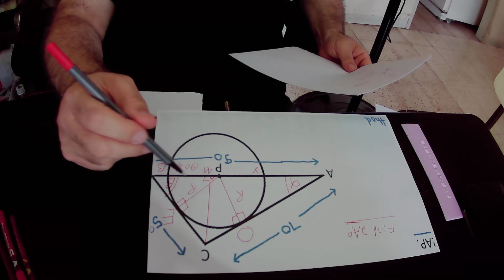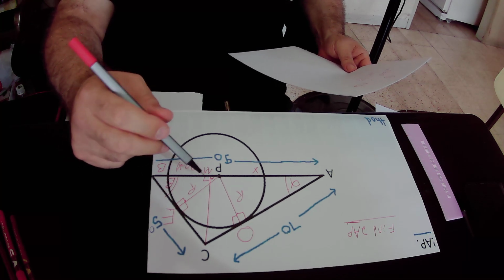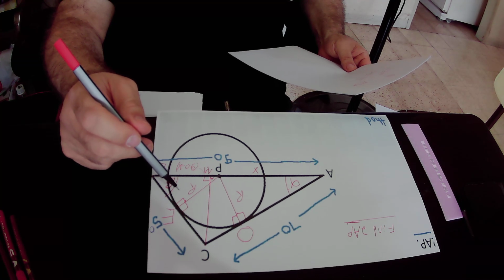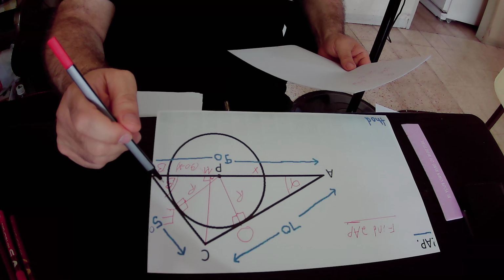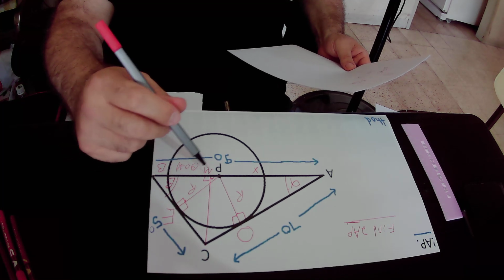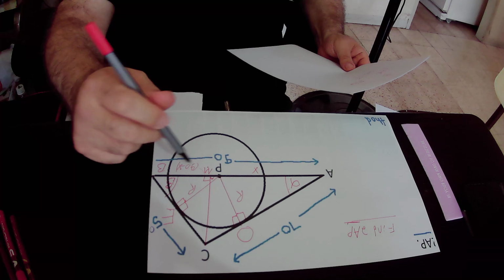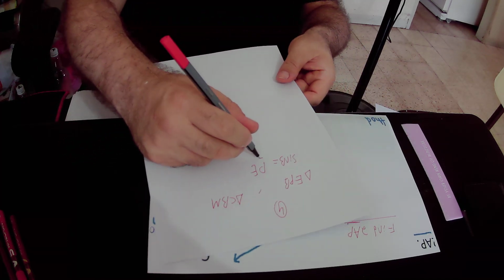As you can see, in triangle PEB or EPB, side PE is perpendicular to side EB. So the hypotenuse in this right triangle is PB. So it is PE over PB.